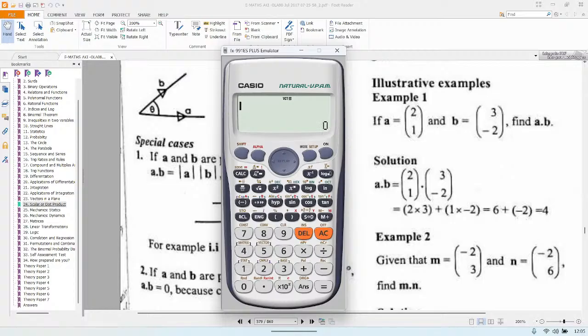I'll come here. Shift 5. No, it should be here. Shift. Oh, HYP. See on the calculator, they've written HYP, as if it's hypotenuse or something.